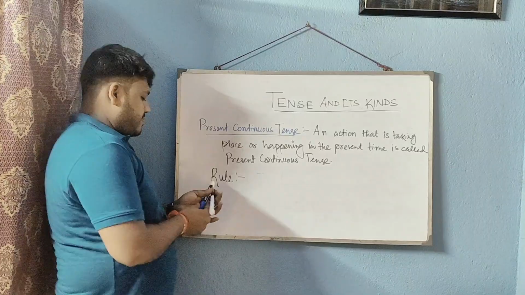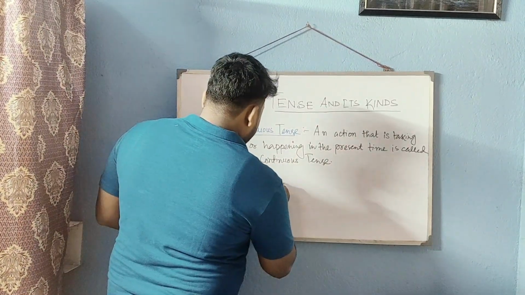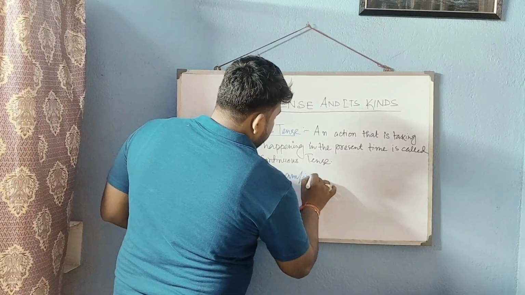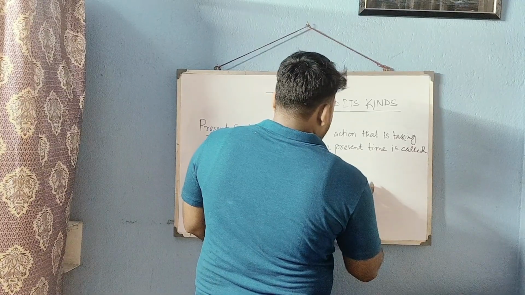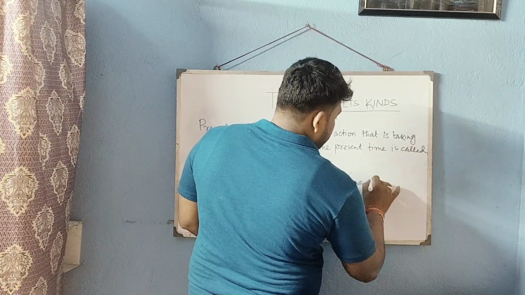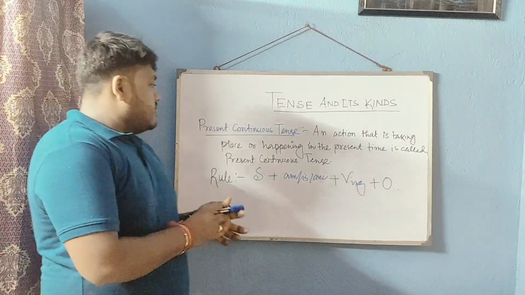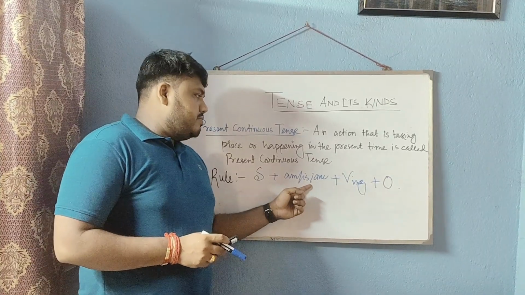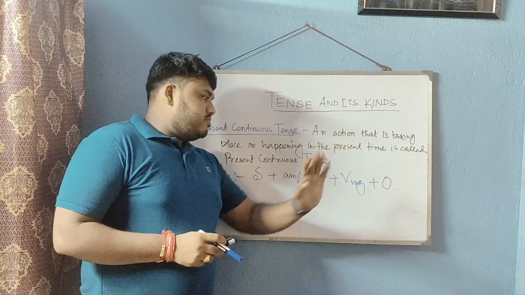The rule is subject, am, is, are, which are be words, and verb with its ing form and object. Subject, am, is, are, auxiliary verb or be word, plus ing form of the word, plus object.